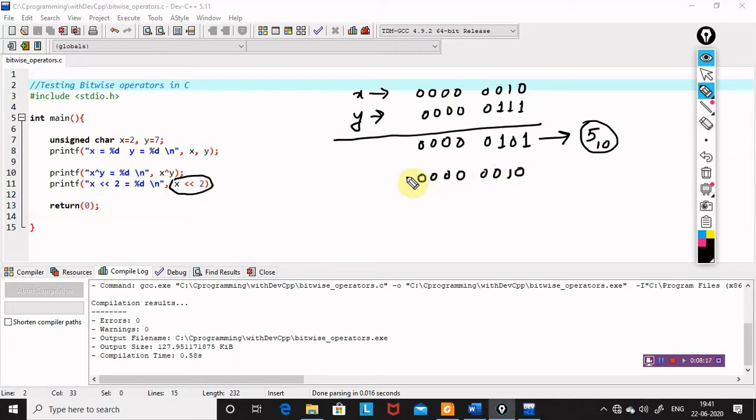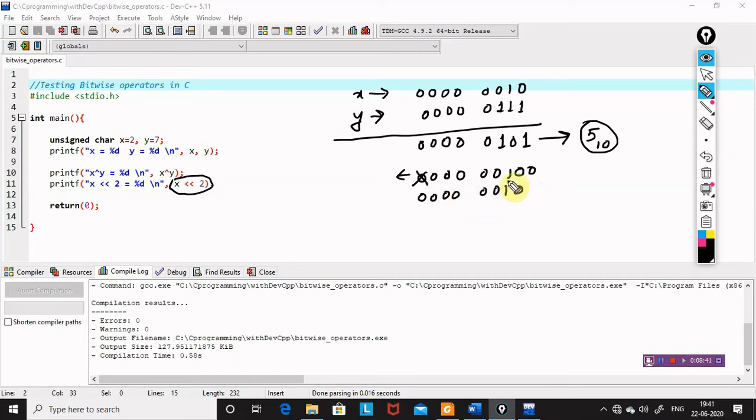so this is the pattern. If you shift this to the left, this is discarded and a 0 is appended over here. So if you write the 8 bits again, it would be 0, 0, 0, 0, 0, 0, 1, 0. Am I correct?